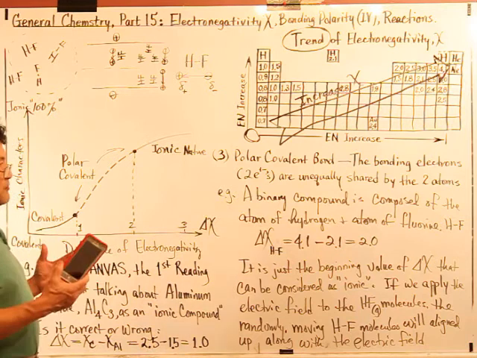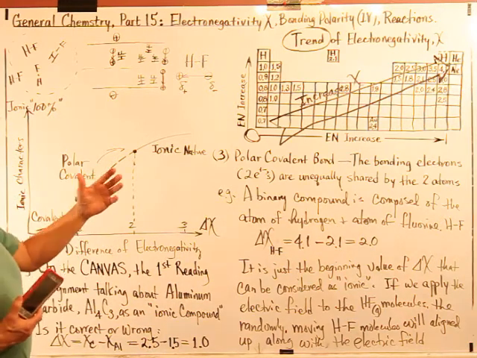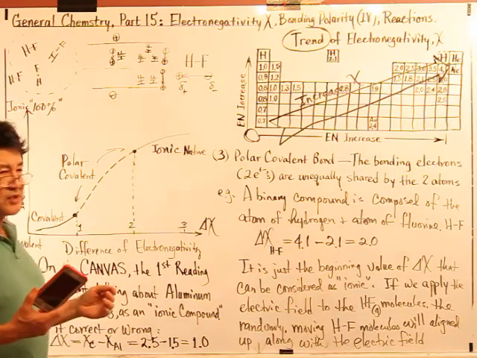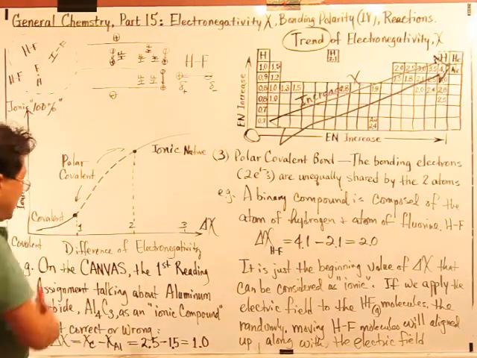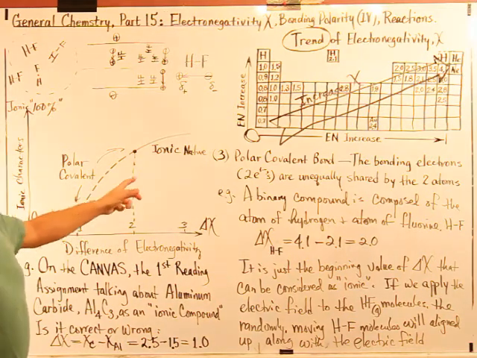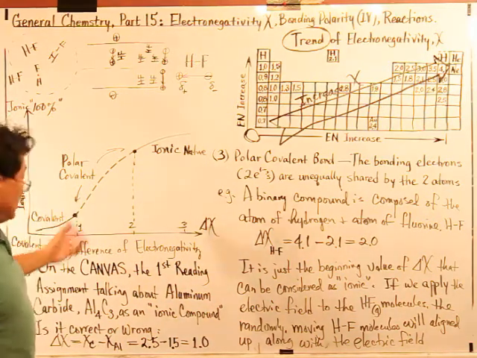We just have to find their electronegativity on this chart, find the difference, then fit it into this graph, and we find out whether it is ionic, covalent, or in between.